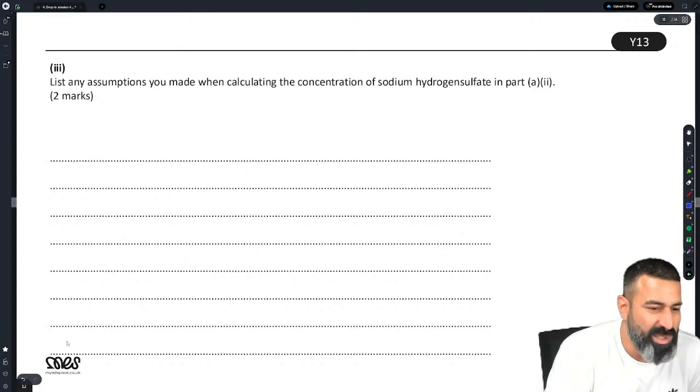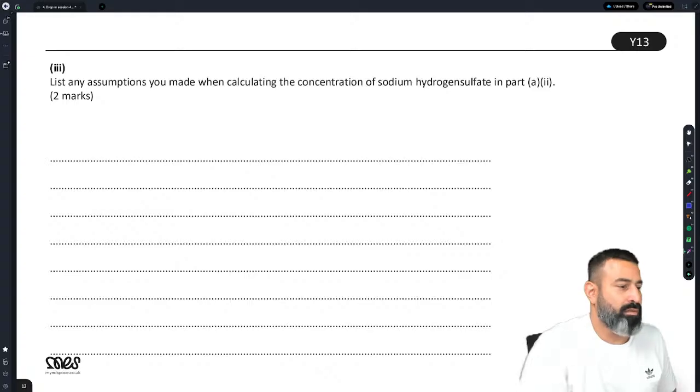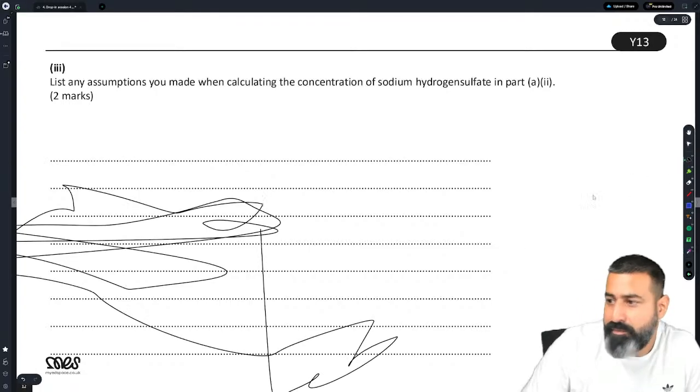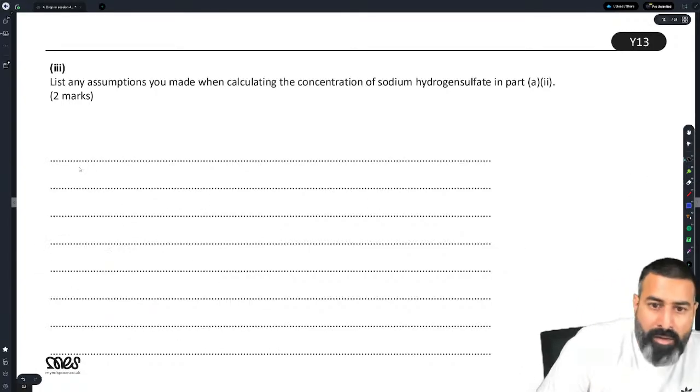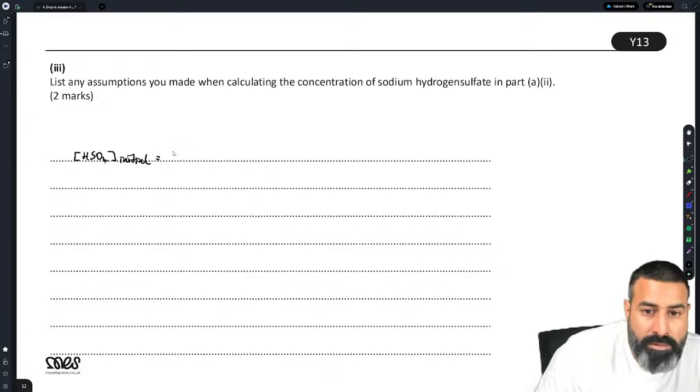Do we need to do this little measly 2 marker? I mean, we know what the assumptions are. What are the assumptions? We'll just say it. What are my 2 assumptions here? We need to do it. Okay, fine. So we're going to say that the HSO4 minus concentration initial is equal to what?